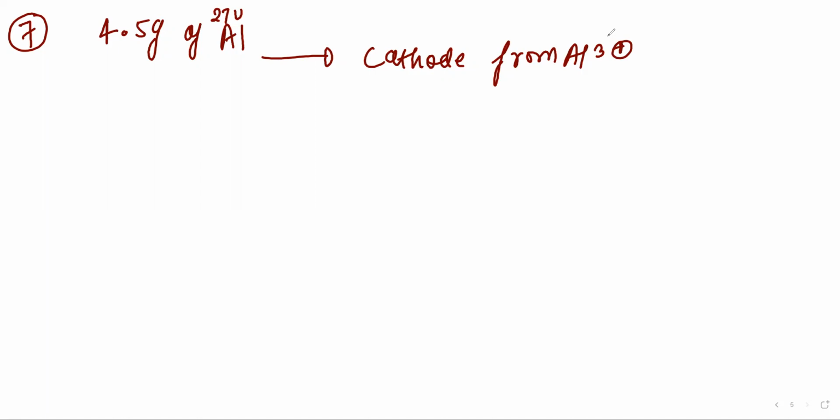The volume of hydrogen produced at STP from H plus ion in solution by the same quantity of electricity passed. So you have to find the H plus quantity here.